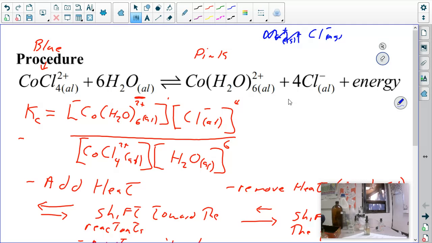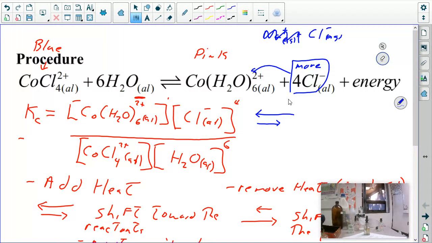We can ignore the sodium ion because it doesn't have anything to do here. So basically, I'm getting more of the Cl negative. So more of that Cl negative means more collisions between this guy and this guy. So that's going to speed up that forward reaction, and the reverse reaction is going to stay the same speed.